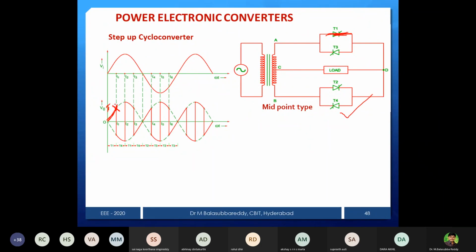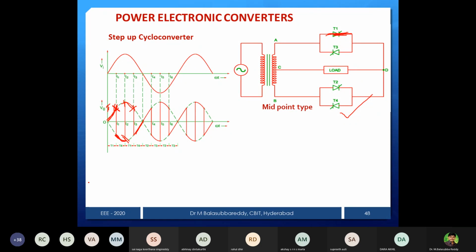Then once the device is turned off and T4 is conducting, we get negative, so the negative half cycle will be obtained. Again forcibly turn off T4 and give the pulse to T1 for this much duration. Again you turn off T1 and give the pulse to T4. Like that, you have to forcibly turn off the device. Both T1 and T4 are able to conduct up to pi if you do nothing, because both are forward biased.